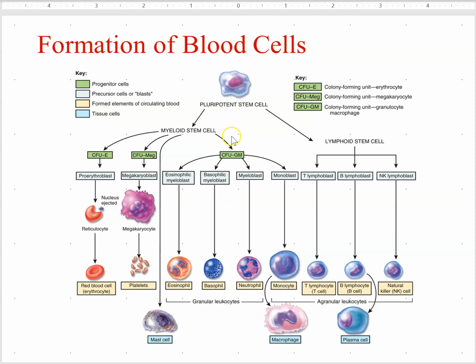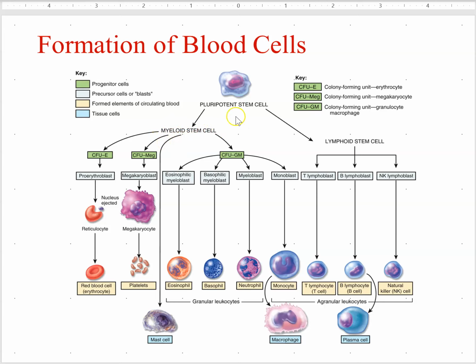And right after pluripotent stem cells, they make mesenchymal stem cells that develop into different types of connective tissue, including fibroblasts, including bones, cartilage, and blood, but not really epithelium, muscle, and nervous tissue.